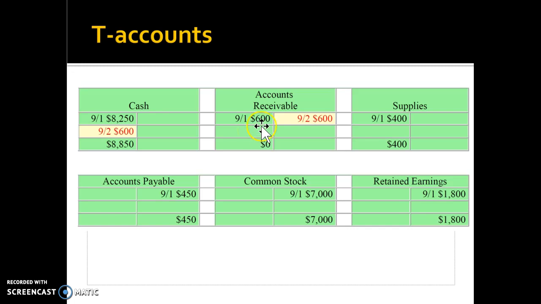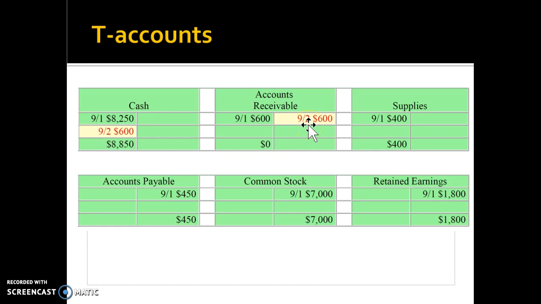So the remaining balance that she owes was $600 as shown in the balance sheet. So at the beginning of September, accounts receivable has $600 of balance on the debit side, which is being paid back by that particular client on September the 2nd.